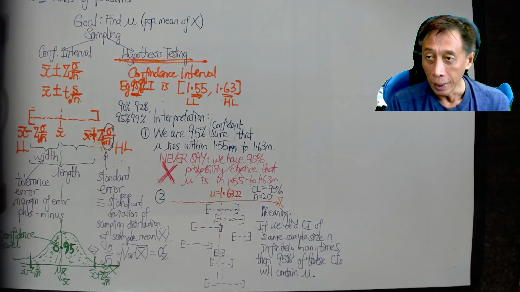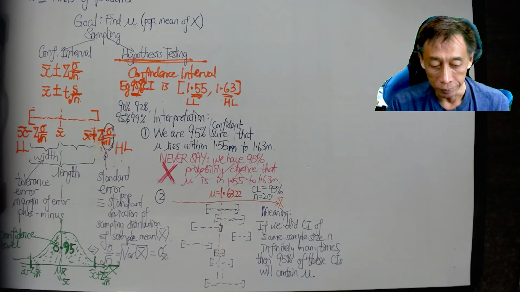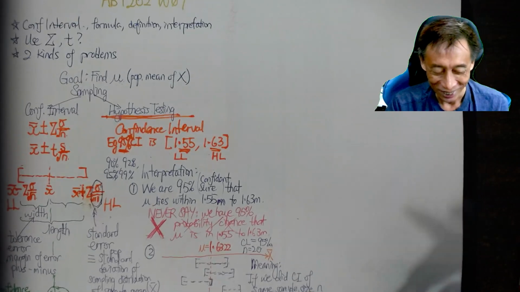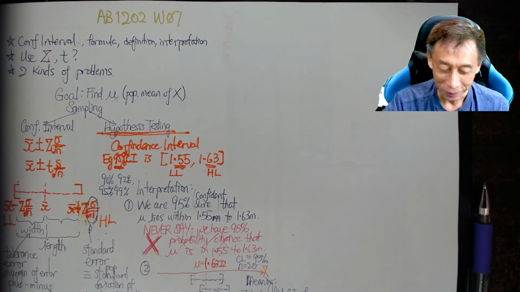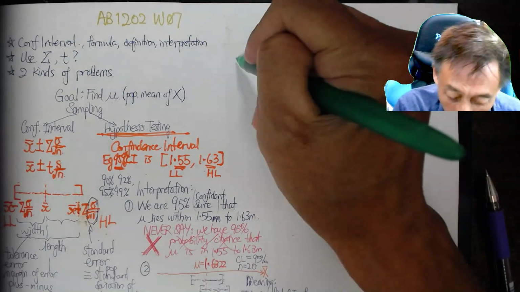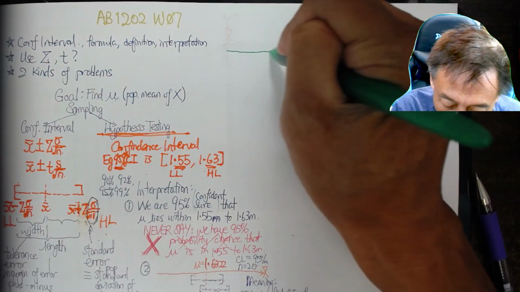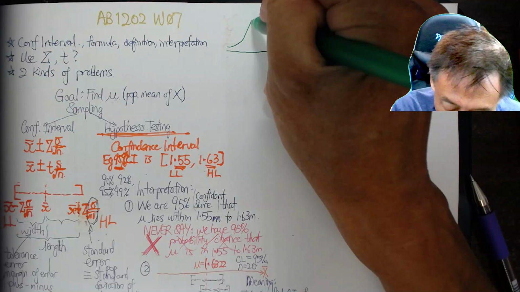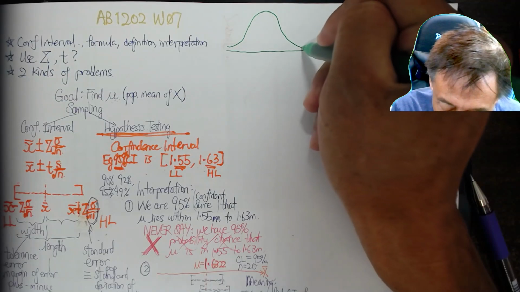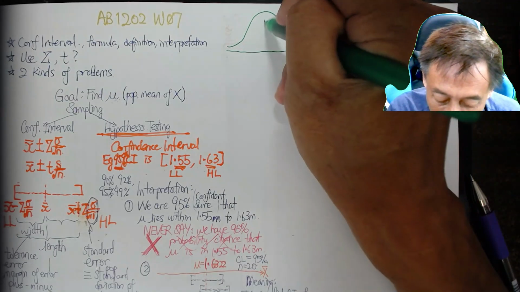Okay. Next, I just want to talk about Z or T. This is a very important bread and butter issue. To begin that discussion, I need to replicate my very beautifully drawn X bar.